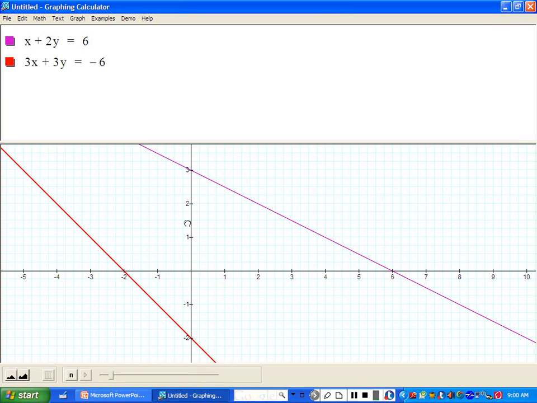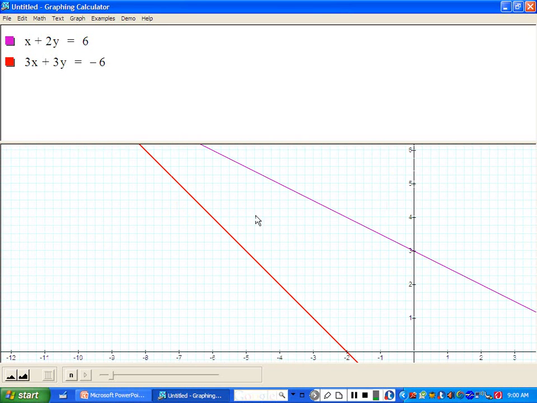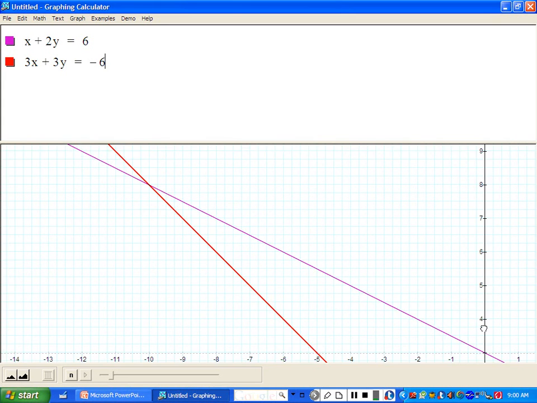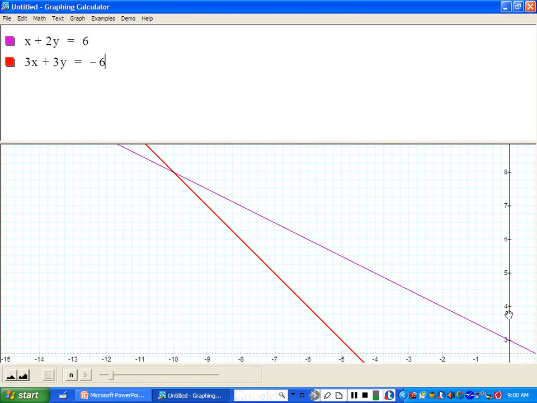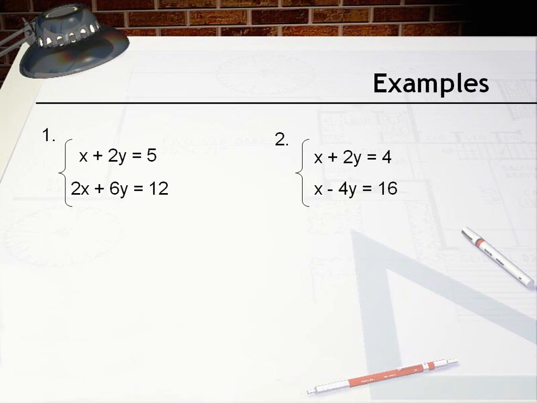Alright, so it looks like it intersects way up here somewhere. Alright, here we go. So it intersects right here, and that is negative 10, 8. Okay. So where is that on the y-axis? 8. Where is that on the x-axis? Negative 10.